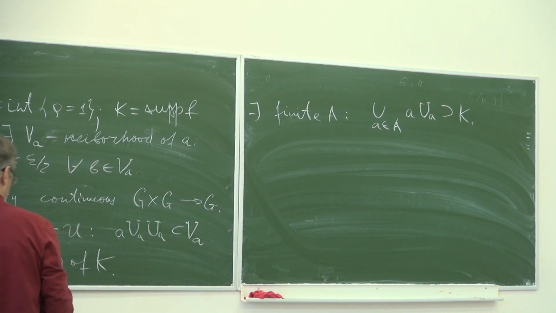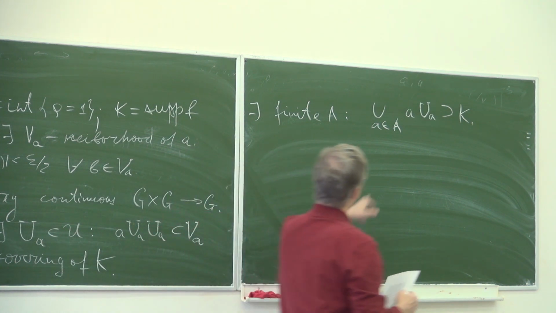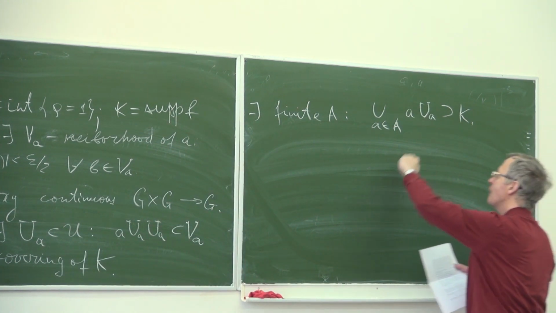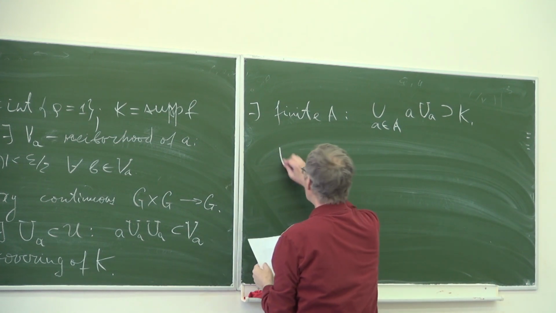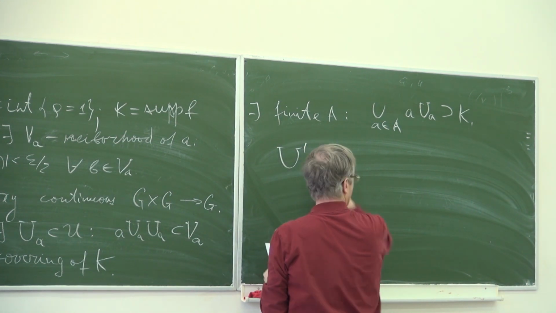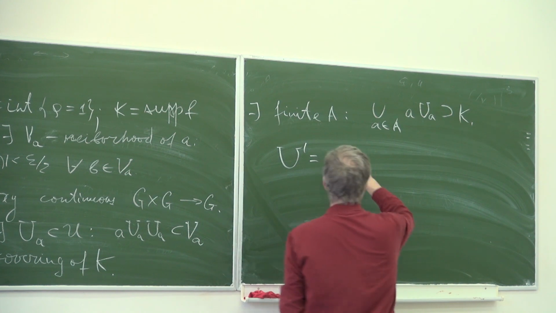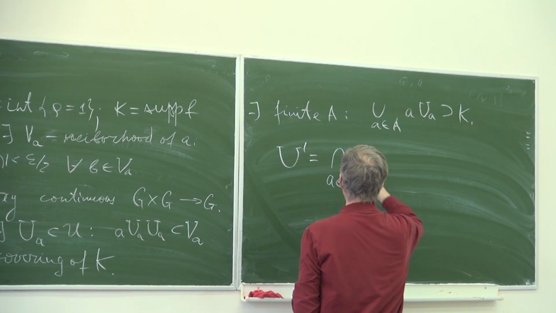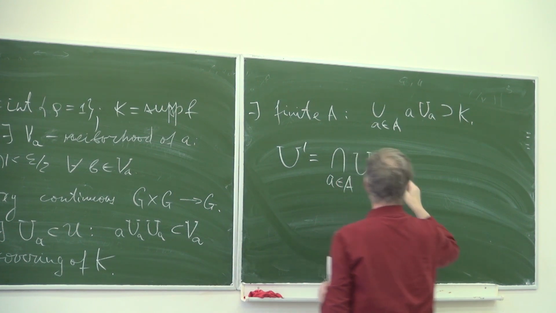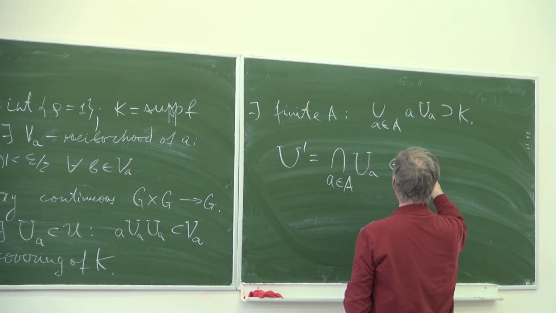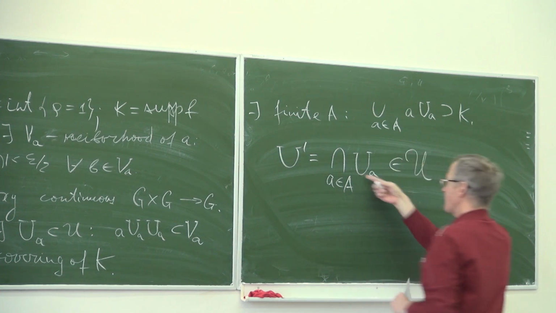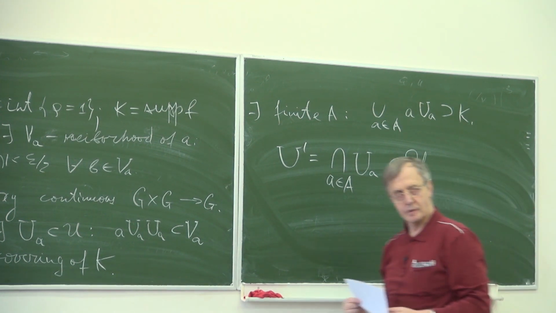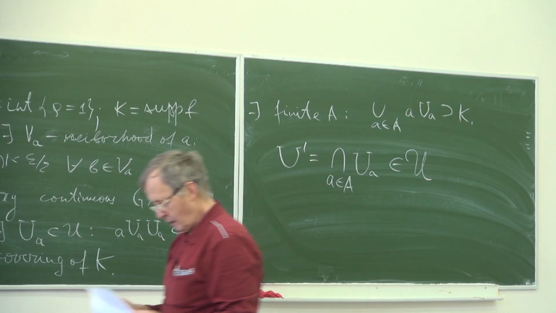Now, what we do, we simply intersect all these open sets. And this is again a neighborhood of unity because the intersection is finite.